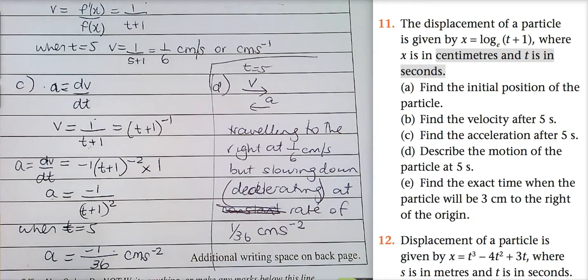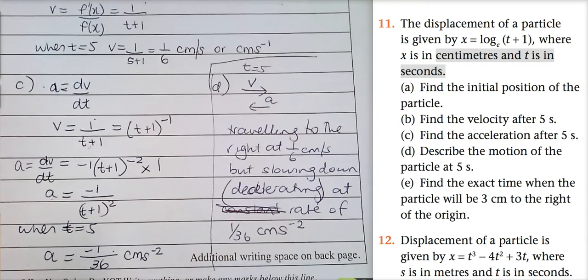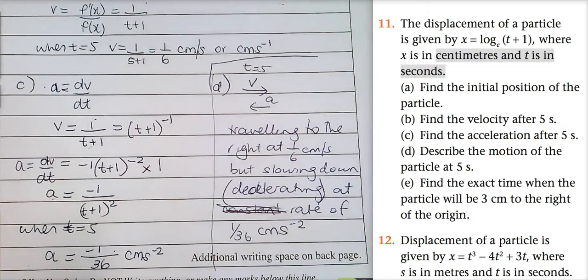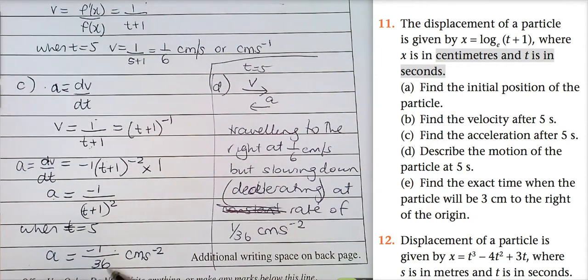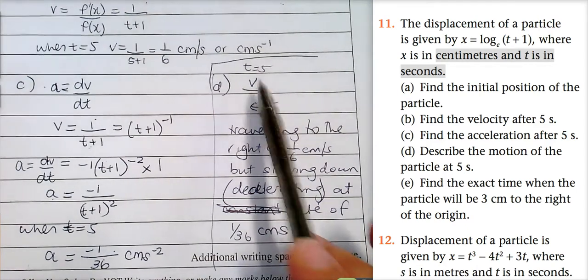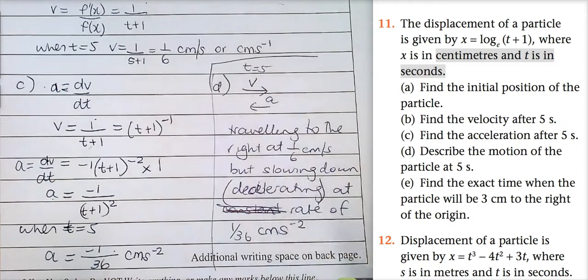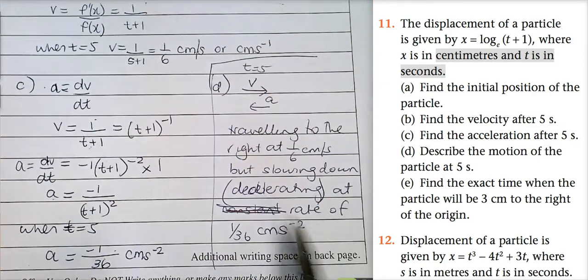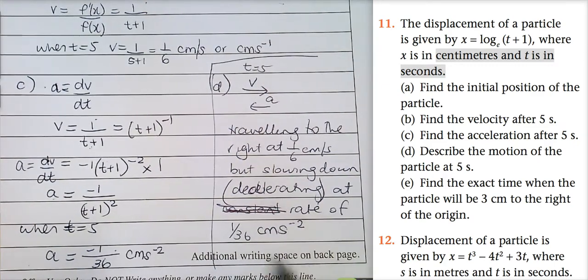They probably just want travelling to the right and slowing down. They probably don't even want the speed. Do we put the negative? No, the negative just gives you the direction, just like we don't give a negative for the velocity. You have to take into account that velocity is to the right, acceleration to the left. That tells us slowing down at that rate.